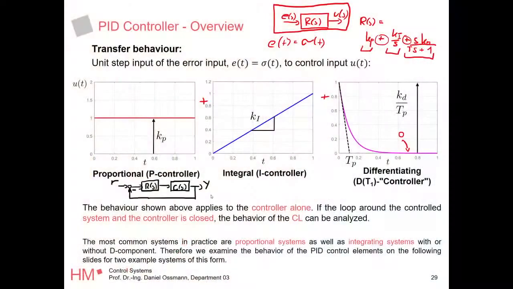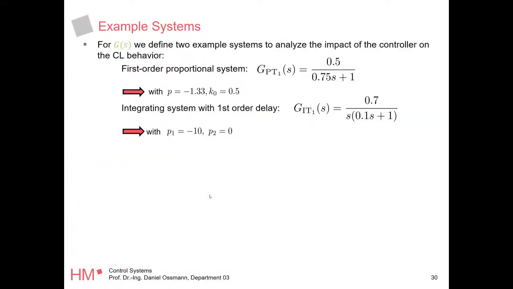So let's talk about these two systems we're going to look at. Let me write this down one more time. We take a system G, and in our case, it's going to be a PT1 system or an IT1 system, and we take the different elements of the PID controller, plug that around, and take a look at how these elements influence our closed loop, right?